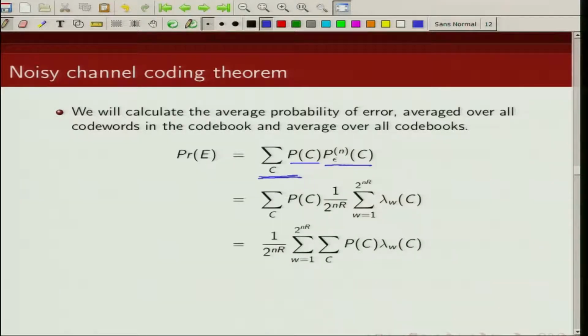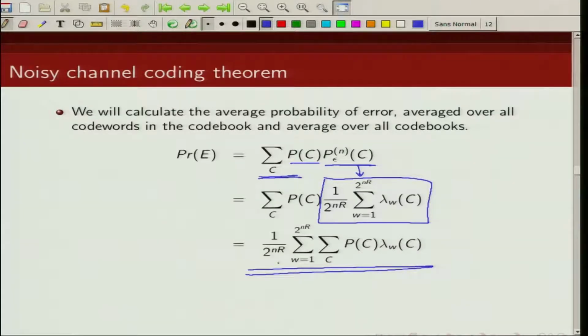So this probability of error, from the definition, as you recall, is 1 over M times the summation over W from 1 to M of lambda_W(C). So this can be written like this.